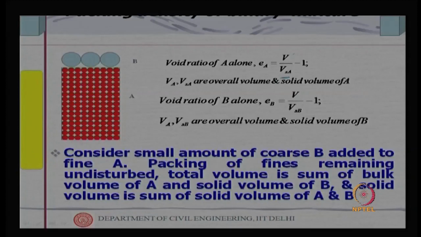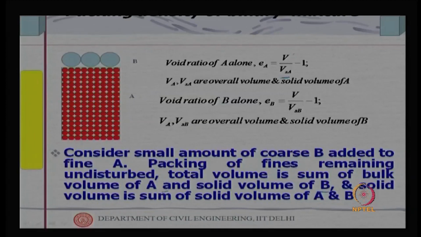Total volume is the sum of the bulk volume of A and the solid volume of B. I just added this, and even if I mix it properly, we are assuming that the packing of the fines will not be disturbed largely. I just add from the top.